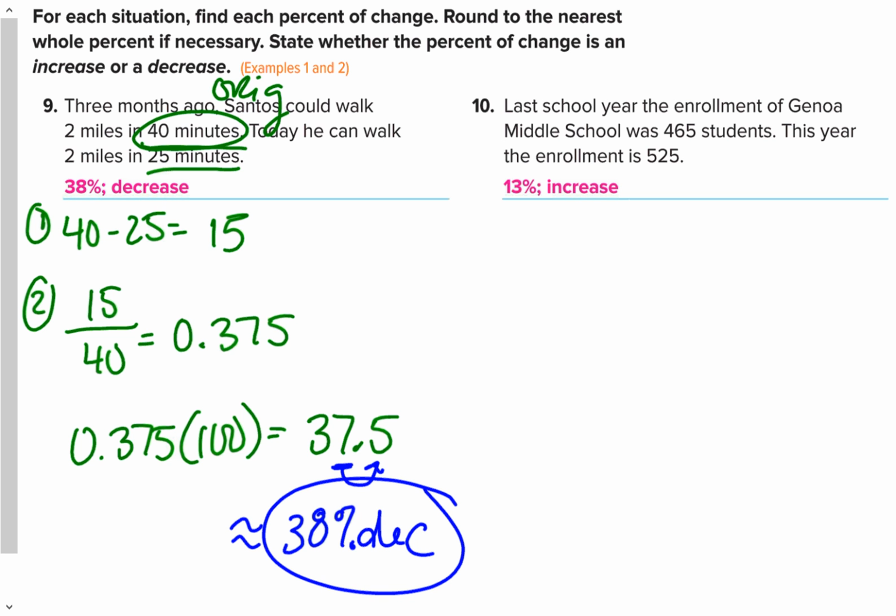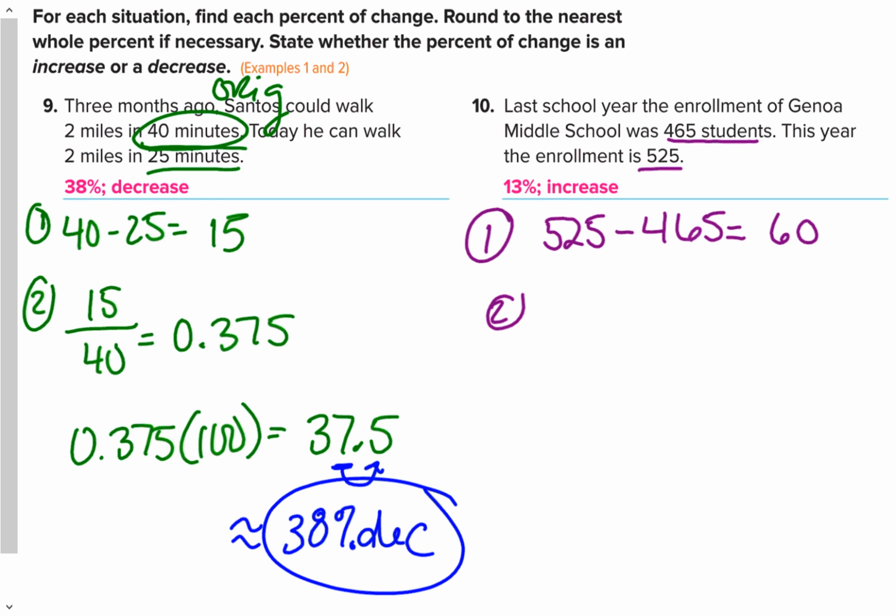All right, in our last example, last year the enrollment at General Middle School was 465. This year's enrollment is 525. So let's find the change. So 525 minus 465, that equals 60. We're going to set it over the original amount. So 60 over 465.